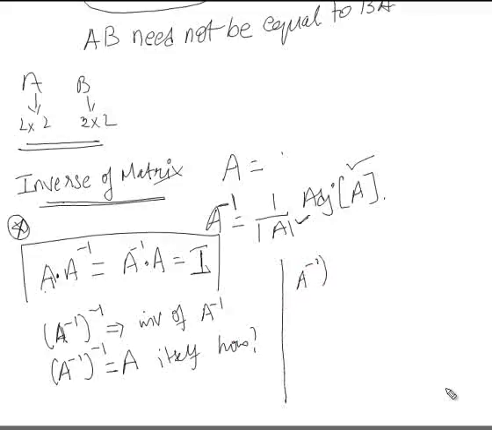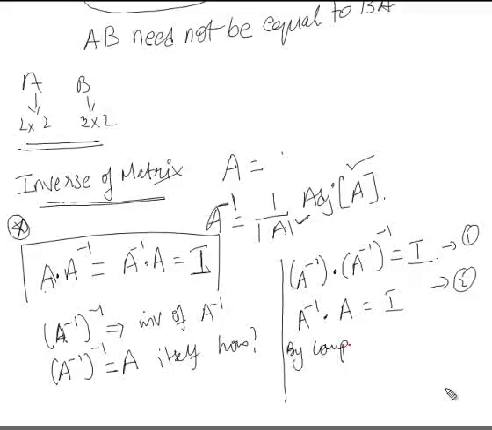A inverse dot A inverse inverse should be equal to I. Correct? Also we know that A inverse into A equal to I. Let me call this 1 and this 2. By comparing 1 and 2, A inverse inverse is nothing but A. This is again a very important result.